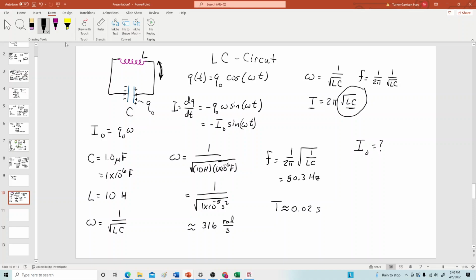If I charge these plates up to, let's say, 1 picocoulomb, so let's say Q naught is 1 times 10 to the negative 12 coulombs of charge, my current would then be Q naught times omega, and Q naught is 1 times 10 to the negative 12 coulombs times 316 rads per second.